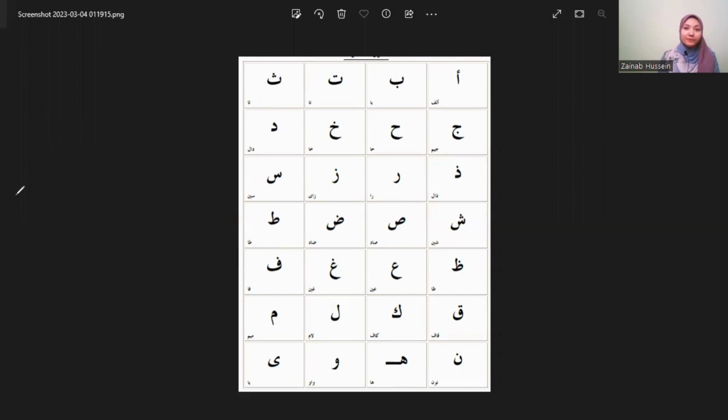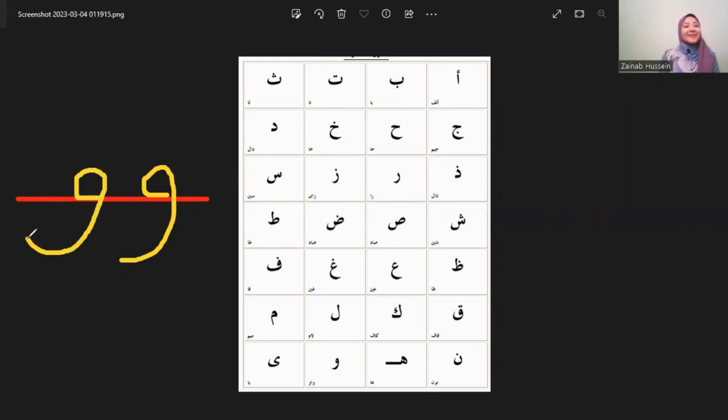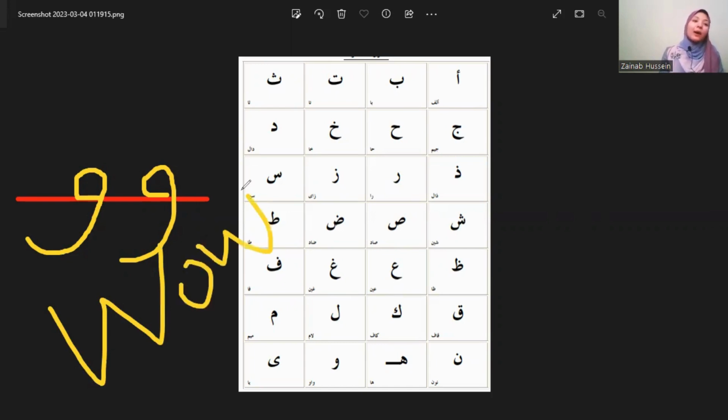Then, an amazing letter, which is waw. Notice the way of writing. It's like a small dash, pull it up to make a circle and a tail. Okay? Waw. Amazing.